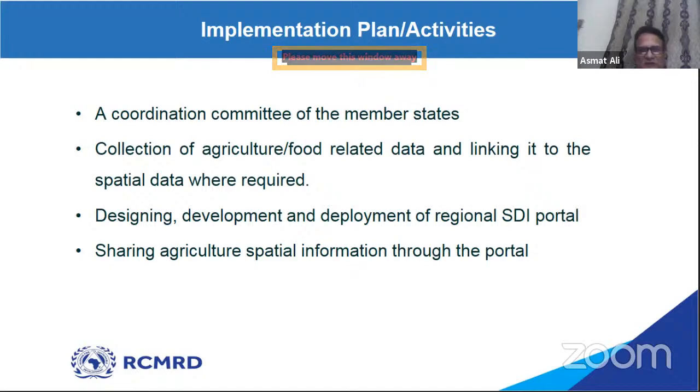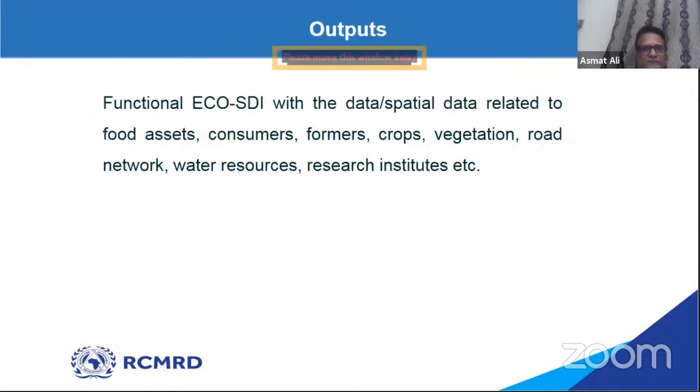As a presenter earlier said, it would be much easier to pull down data from the portal, and certainly portal data will help to share agriculture information. The expected outcome would be a well-functioning ECO SDI geoportal, which would give access to farmers, consumers, and other stakeholders.